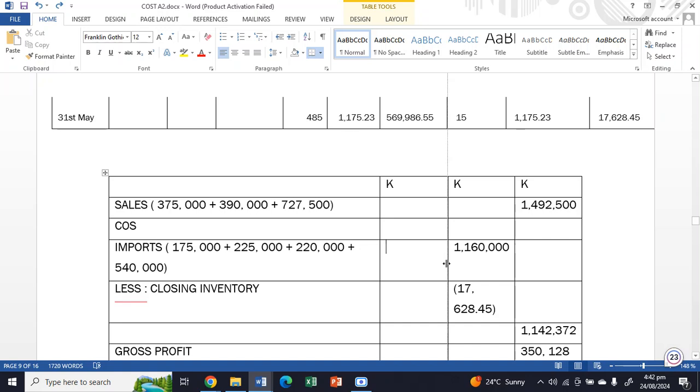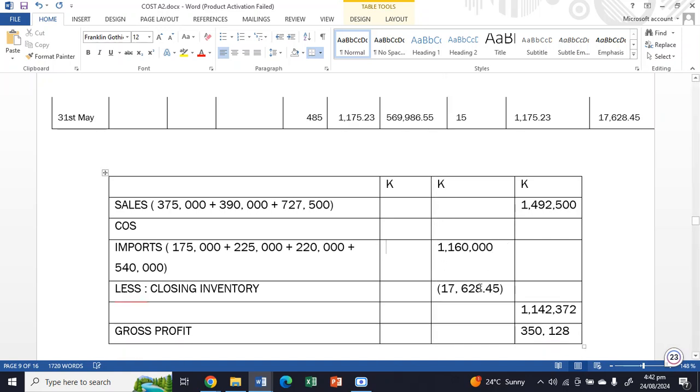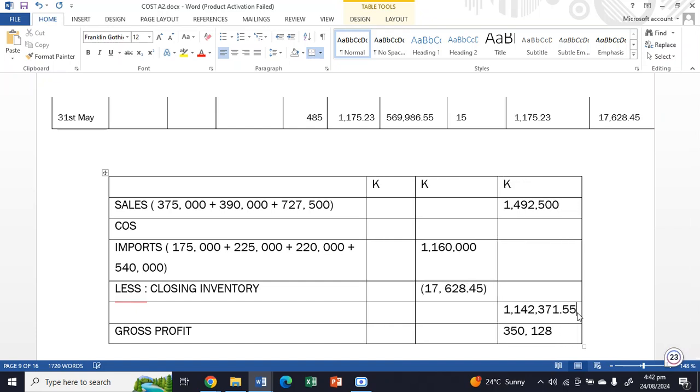So 1,160,000 minus 17,628.45, you will get 1,142,371.55. This is the cost of the goods sold.